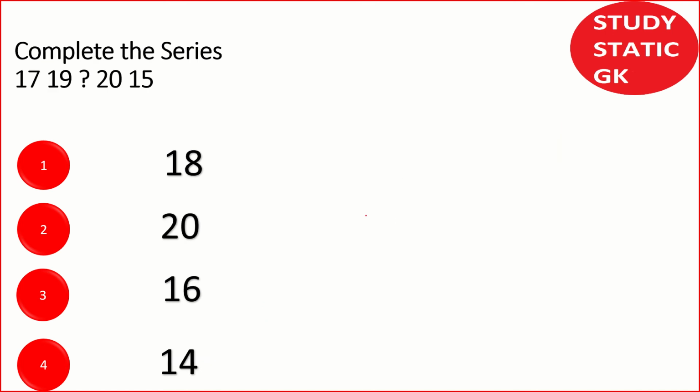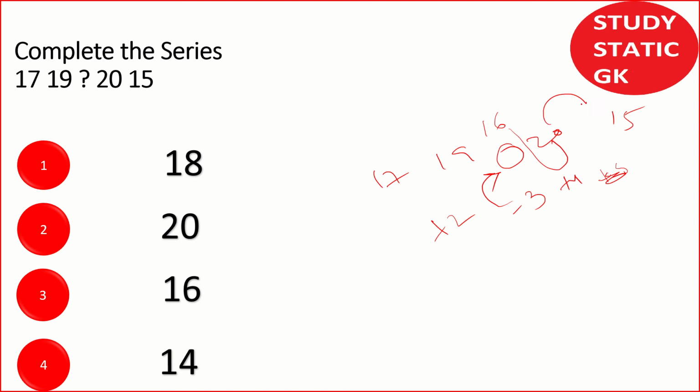Next, complete the series. 17, 19, 20, 15. Okay, so plus 2, then minus 3, plus 5, sorry, minus 3 here. So 19 minus 3 is 16, 16 to 20 is plus 4, 20 to 15 is minus 5.